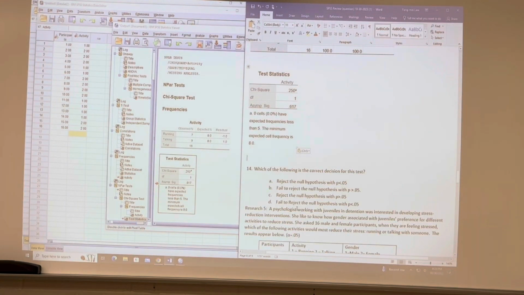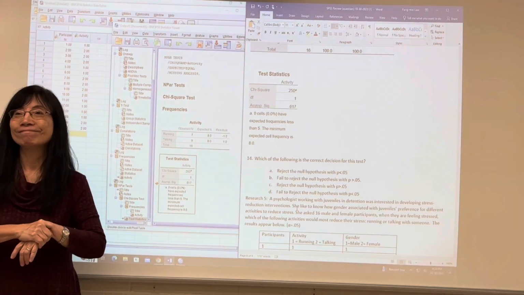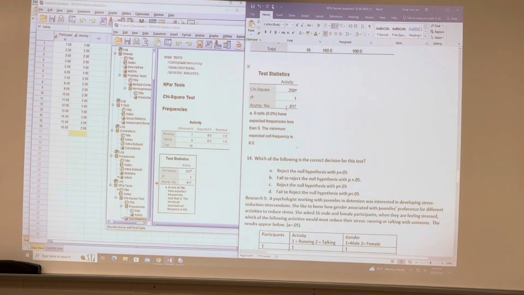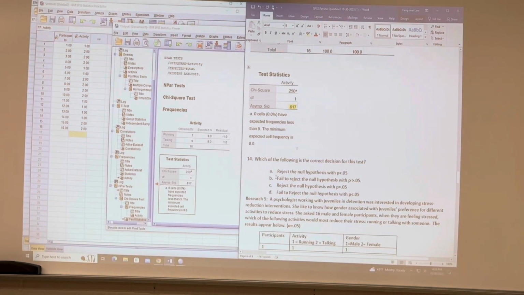So what's the answer? A or B or C or D? B. Because? Fail to reject. Yes, because Sig is 0.617, right? That's way bigger than 0.05.